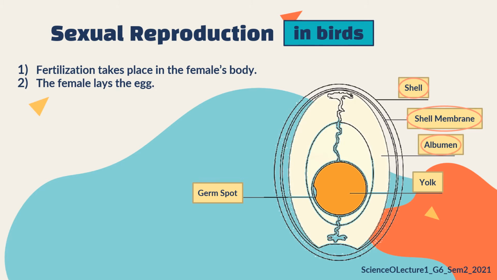The albumin provides the embryo with water and protein. The yolk provides the embryo with food. The female bird sits on the eggs for 21 days, and after incubation, the chick breaks the egg.